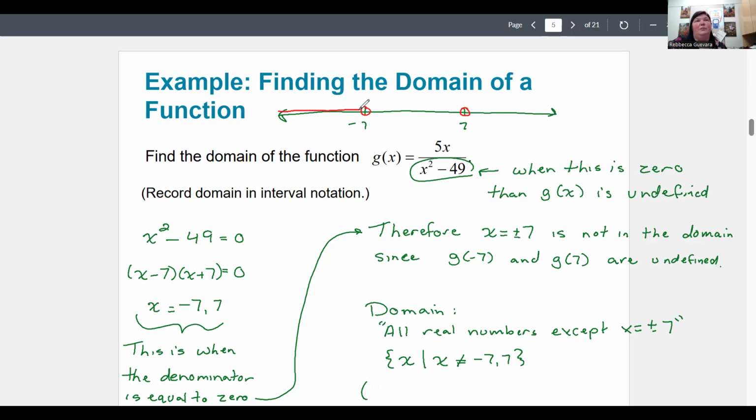So we can have all real numbers going this way, from negative infinity up to negative 7. Then we would have everything from negative 7 to 7, and then we skip over 7, and then we go from 7 to infinity.